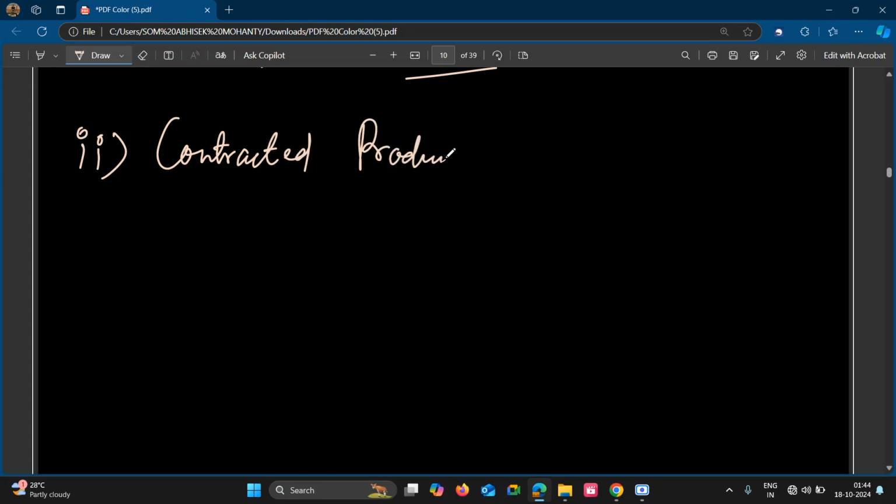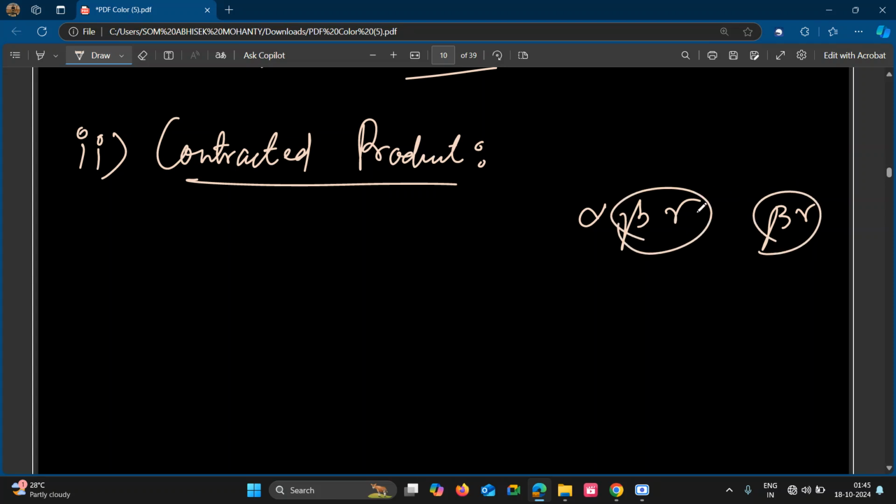The next one is called a contracted product. If two tensors of rank m and n have p matching contra and covariant indices, suppose one has alpha beta gamma and another has beta gamma, so two indices are matching with each other, then the direct product reduces to another tensor of rank m plus n minus 2p.